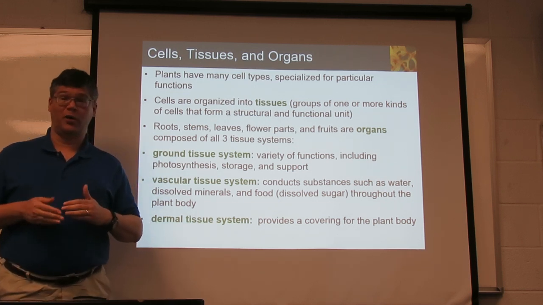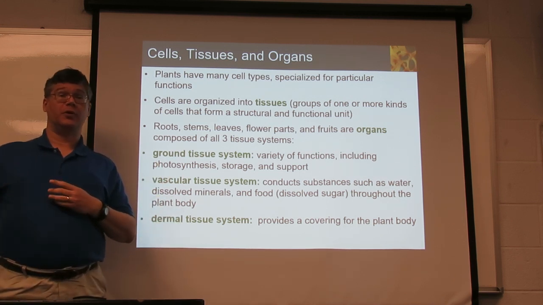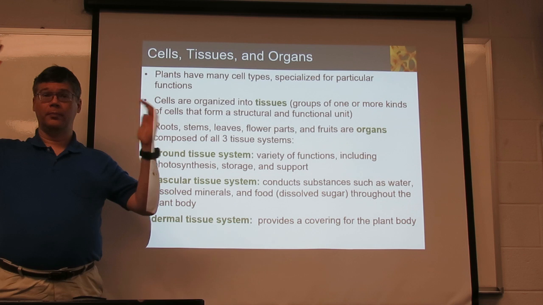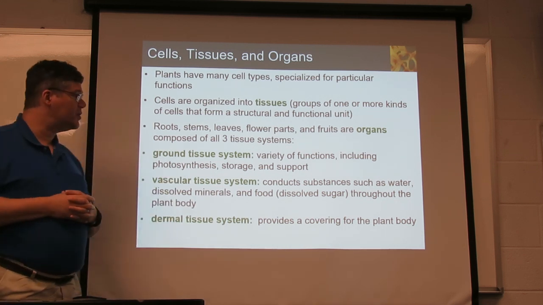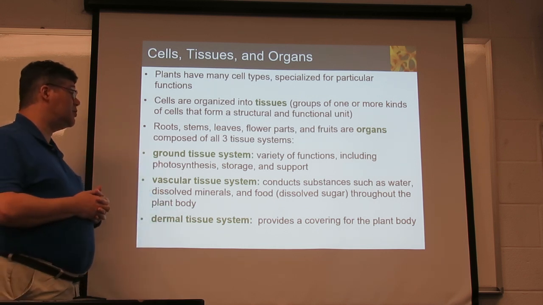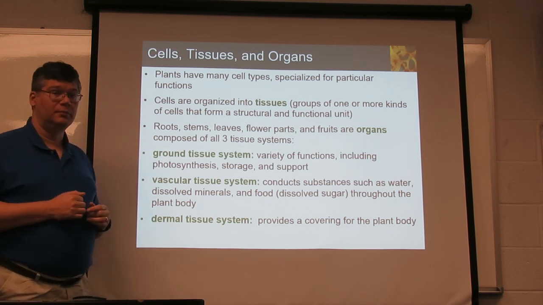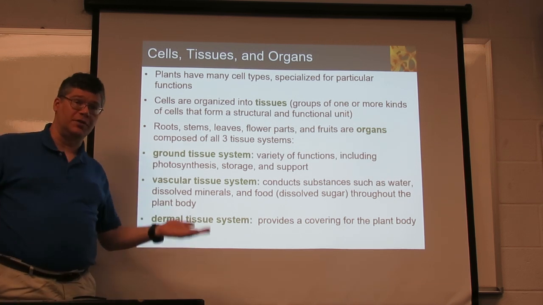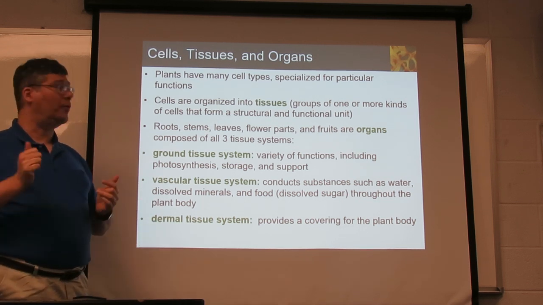And of course, along with water, anything that's dissolved in it is carried around as well, whether it's food that was produced from the leaves or minerals taken up from the ground by the roots. These will travel with the water through our vascular tissue system. And then we've got everything else, that's the ground tissue system. It's kind of a catch-all for things that aren't vascular and aren't dermal.